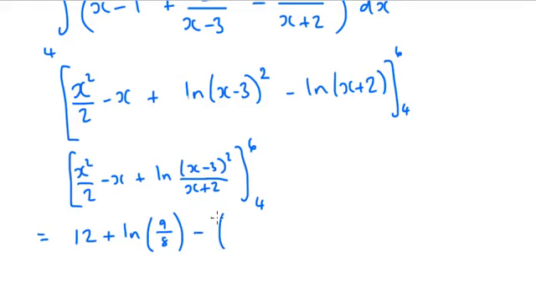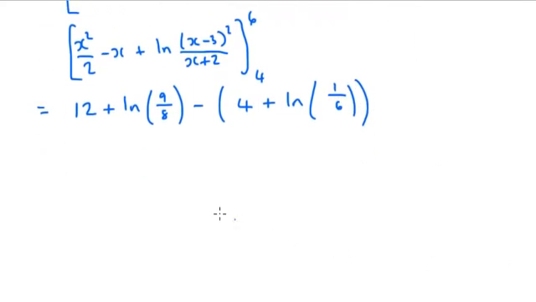Minus, when we put the 4 in, 16 over 2 is 8, take away 4 is 4, plus natural log of 4 minus 3 is 1 over 6.